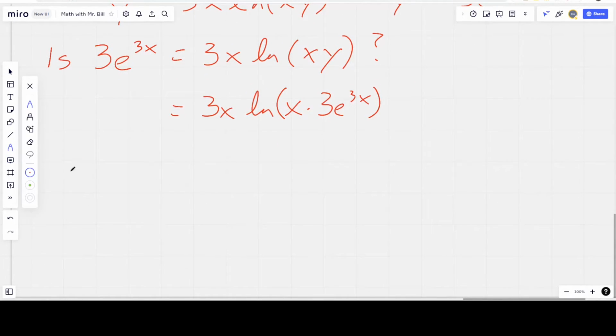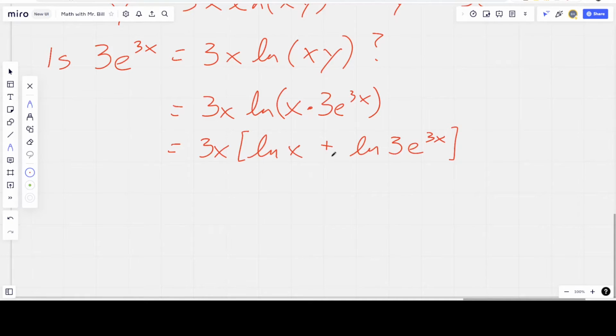So we've got a product in the natural log. That may help. Let's see what happens when we break that up. We get 3x times the natural log of x plus the natural log of e to the 3x. That's not looking good.